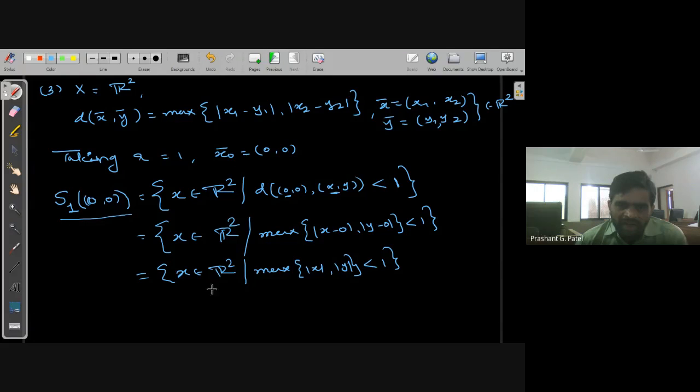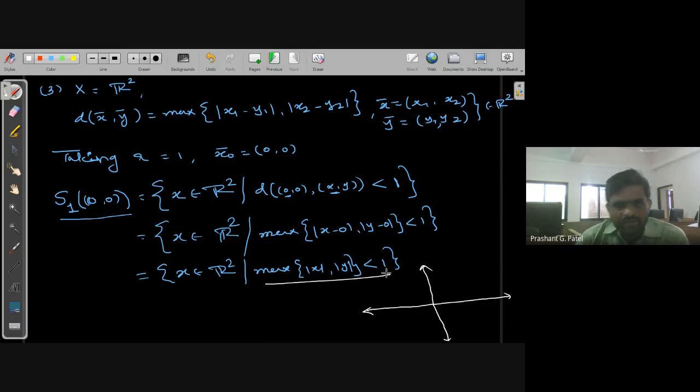What does this geometrically represent? Can somebody tell me? Can somebody visualize what this will be geometrically? If I draw, this is your y-axis and this will be your x-axis.